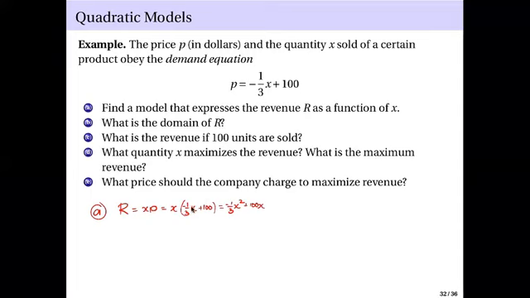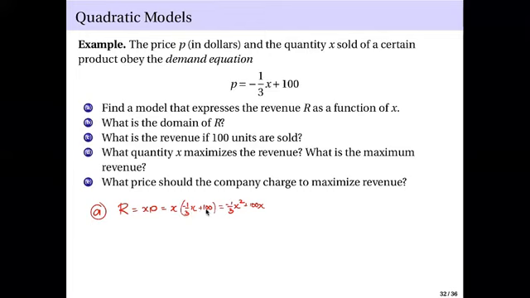And then from here, by the way, the price cannot be negative. So you want your P to be positive, and that will contribute to the domain of R. You cannot have negative price. So you want your negative 1/3 x plus 100 to be greater than 0.